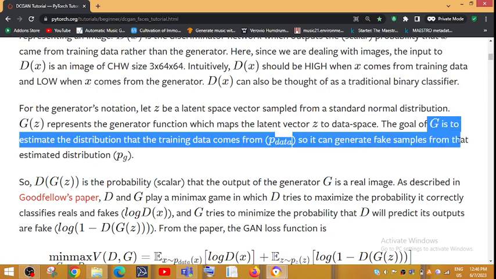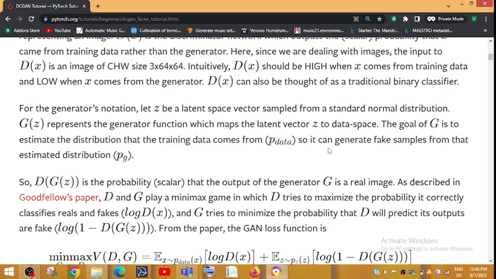The goal of G is to estimate the distribution of the training data, which comes from P data, so that it can generate fake samples from the estimated distribution P_z. It means the goal of G is to use the latent space Z to map into the distribution of the training data so that it can generate the fake image itself.